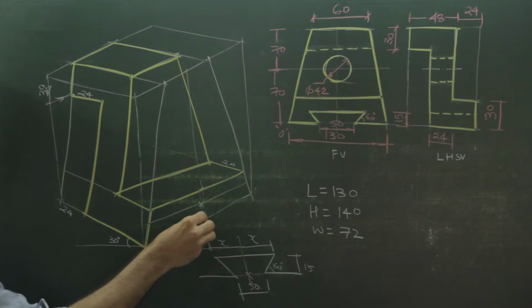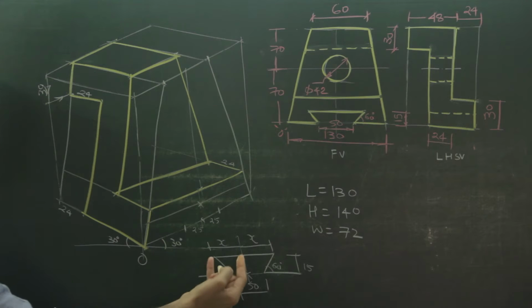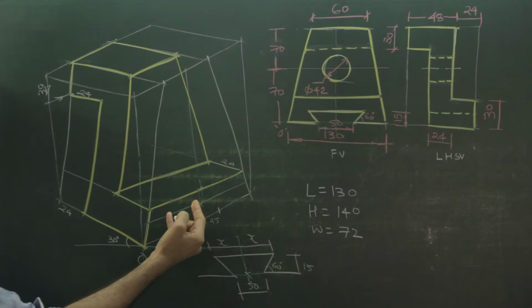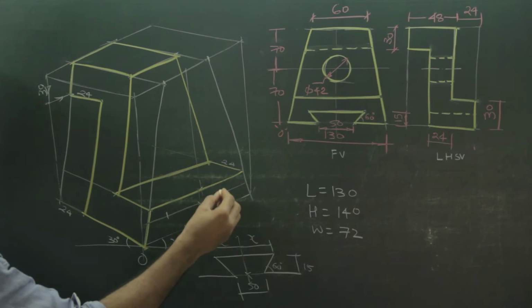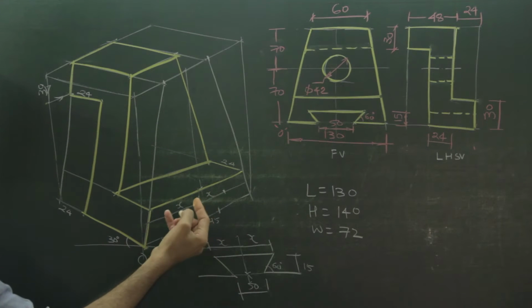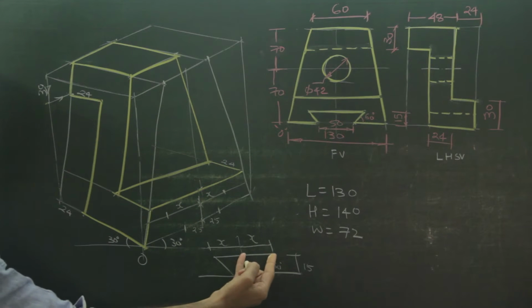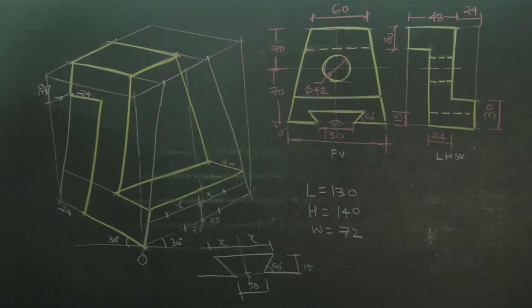So from here you mark 25. Then how much is this? x. So you take x and you cut here. You take x and you cut here. From this line, see this. Take this x, cut here. Take this x, you cut here. Then you join this.